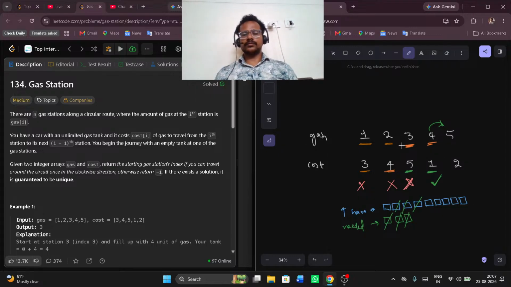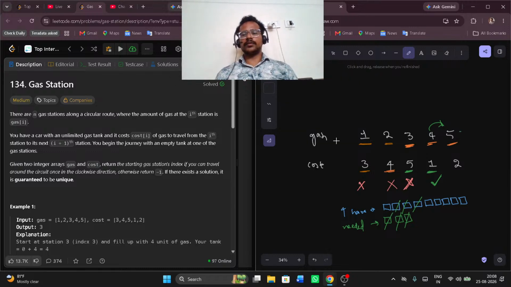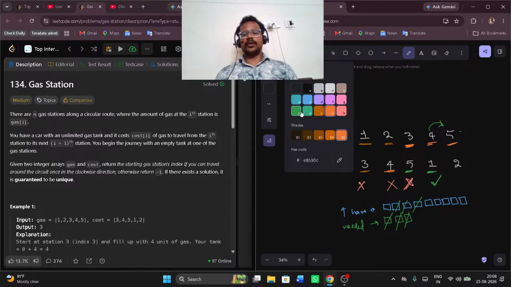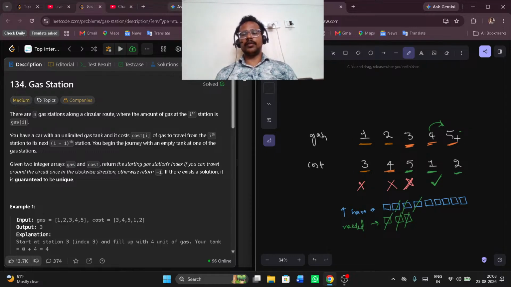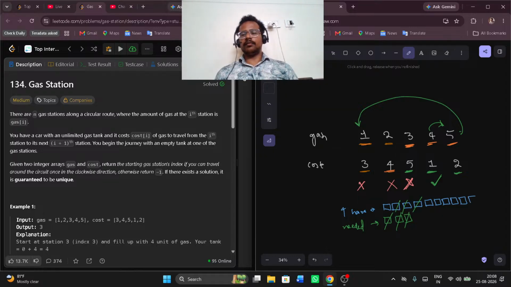So I'll move from here to right here. I have completed it. Now I'll move here. Now I have the gas station which is 1, so this will be added to the gas units I have.